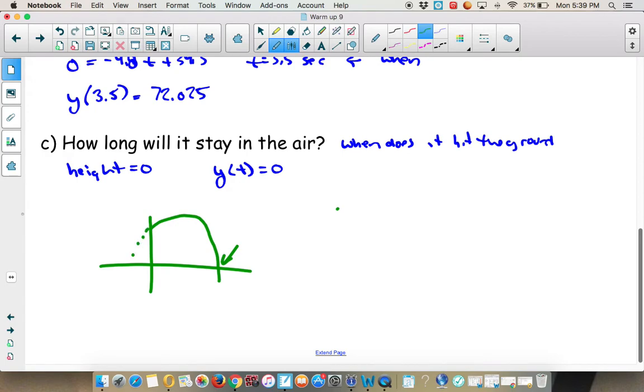It would extend this way, but that's not relevant. Okay, so we're going to evaluate that. We're going to use our calculator. So that happens at a time of 7.334 seconds.